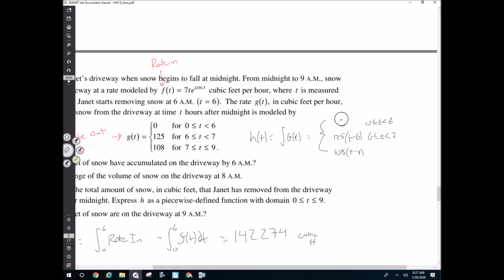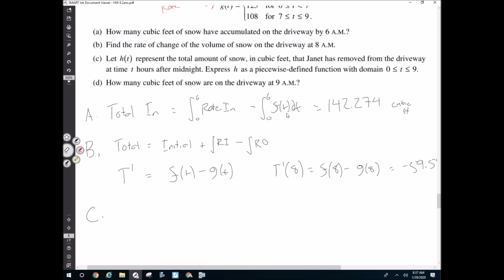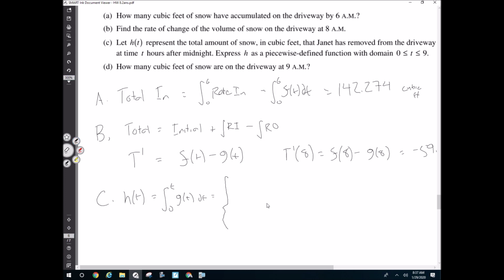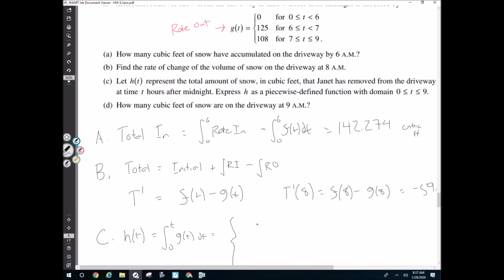Here's another way to get that. Let's do it down here. So H is going to be the integral from 0 to t of g of t. I got the integrals of all of these, just so that you're not figuring it out, you can just find it.